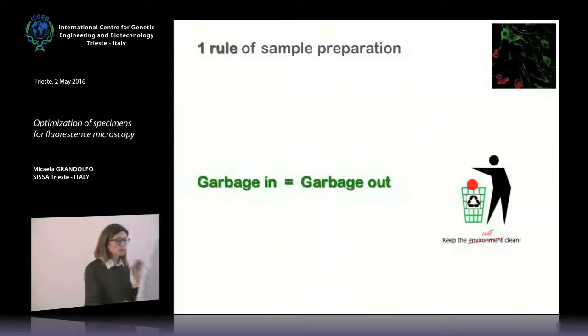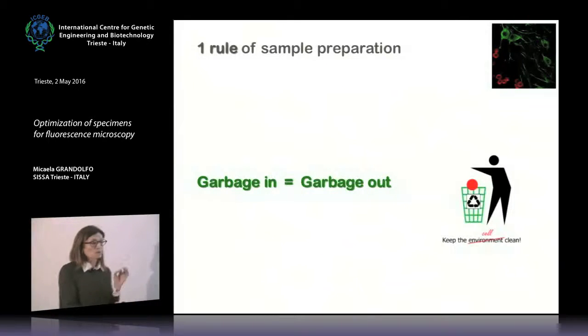You have to spend some time and try to obtain the best sample that you can. So spend some time to think about it and to design properly your staining experiment before going to the microscope.